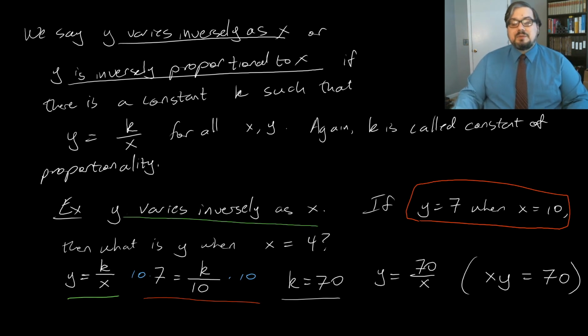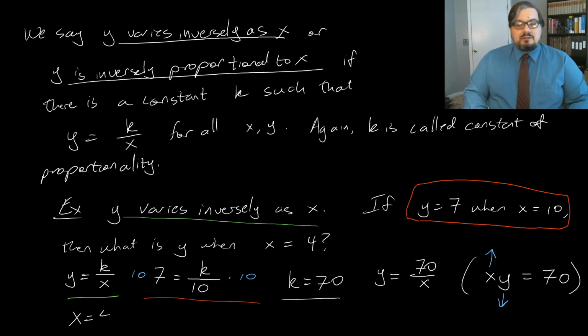And so we can see from this type of equation that if x goes up, then y would have to go down in order to balance things out. Because if y goes up, but we need the product of x and y to still equal 70, then y is going to have to go down in order to accomplish that. And hence the inverse nature of the relationship between x and y.